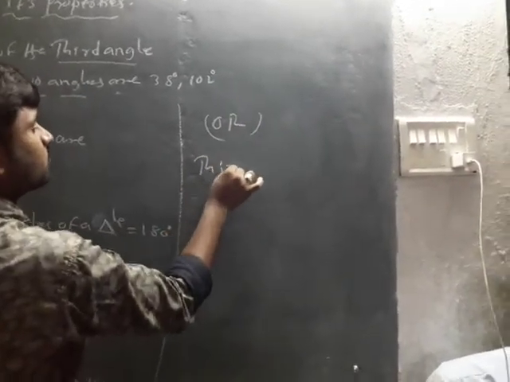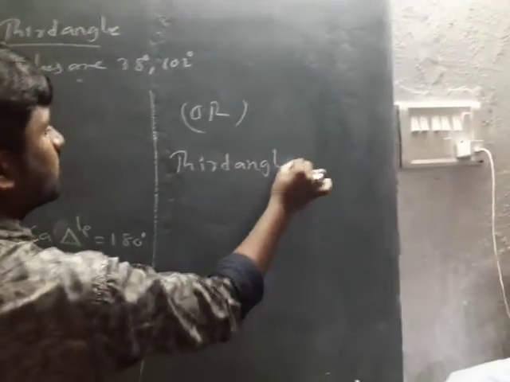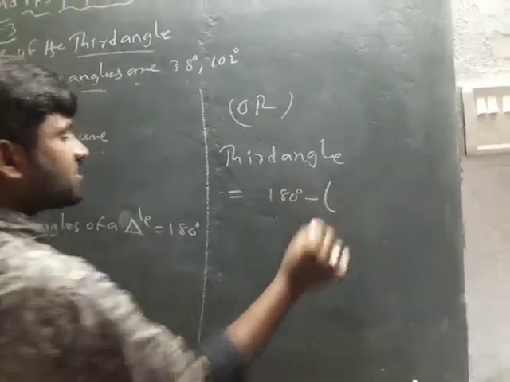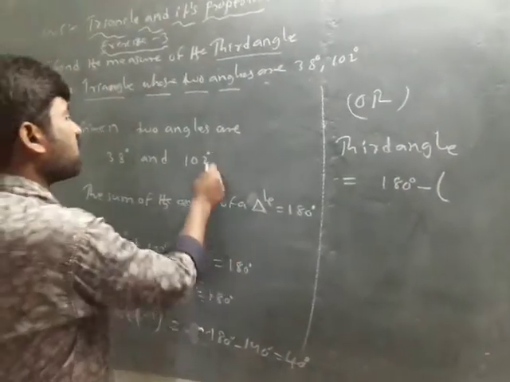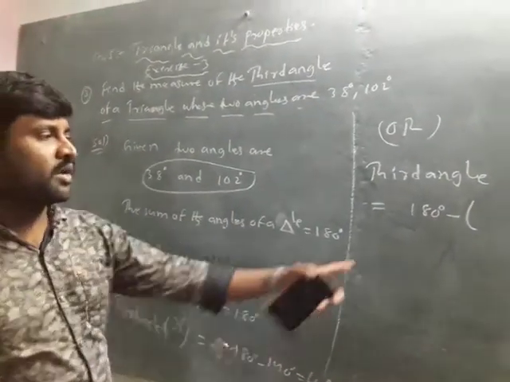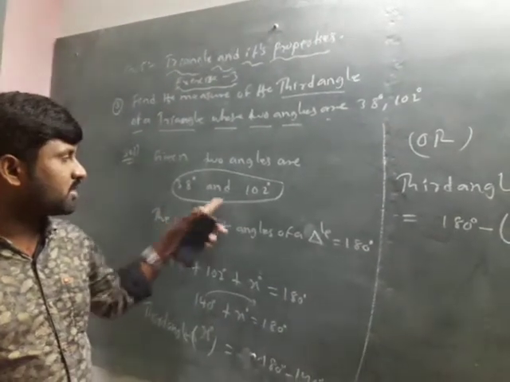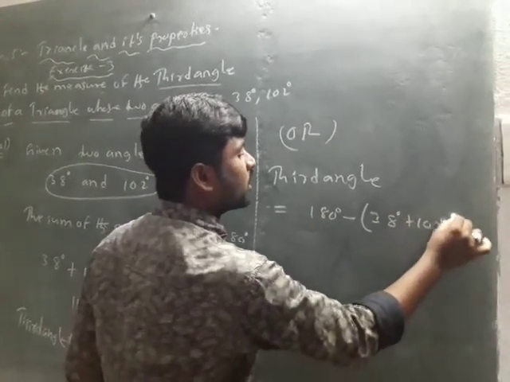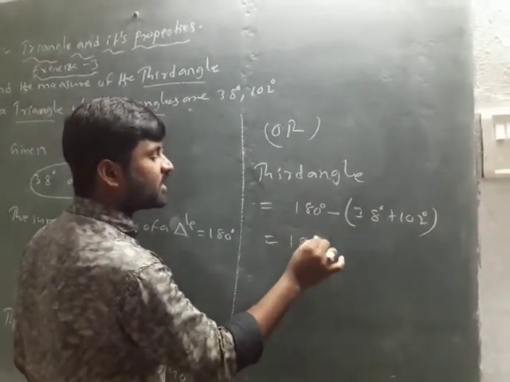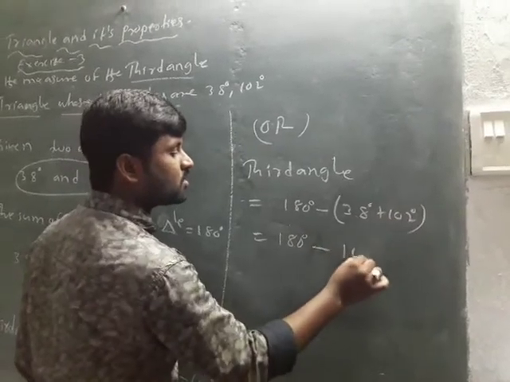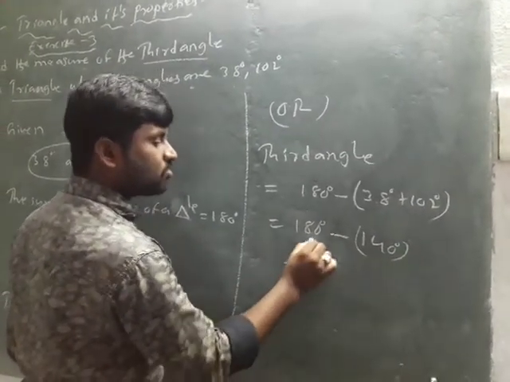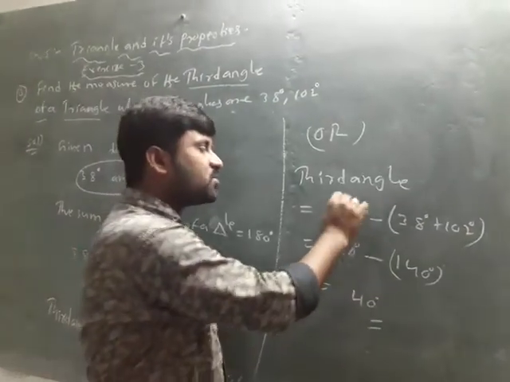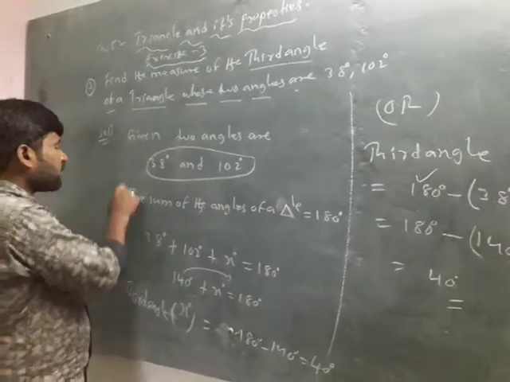Third angle is equal to 180 degrees minus the sum of the two given angles, that is 38 degrees plus 102 degrees. 180 degrees minus 38 plus 102, that is 140 degrees. 180 minus 140 is 40 degrees.